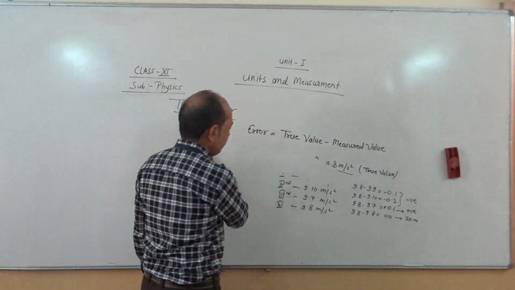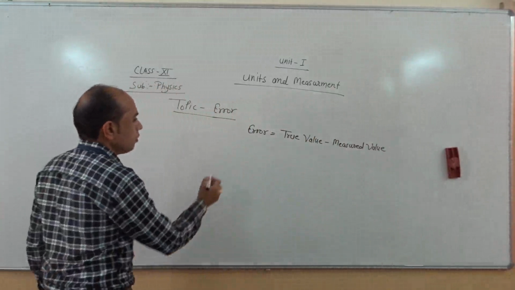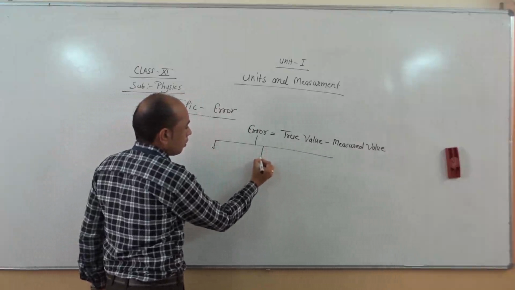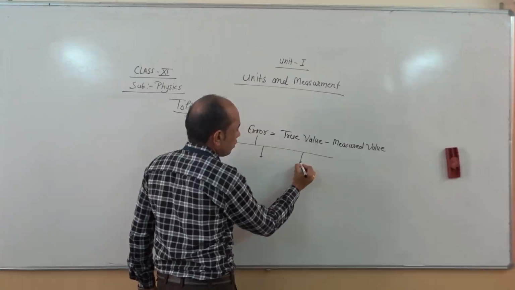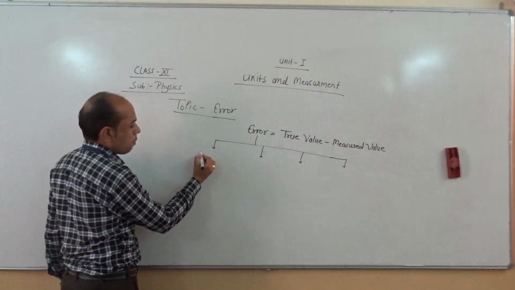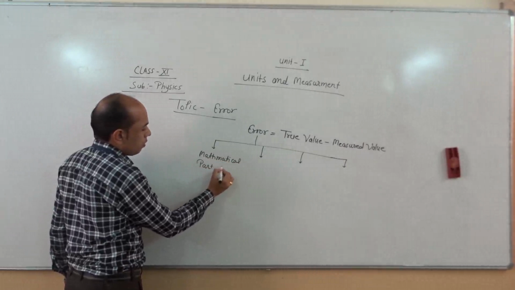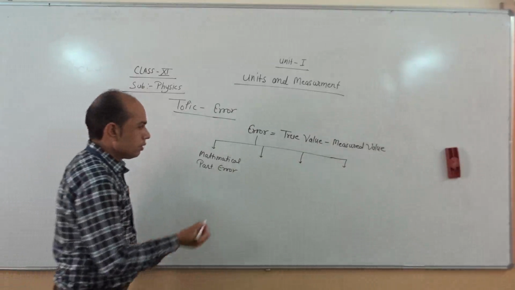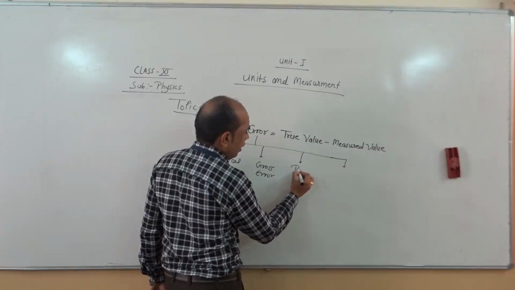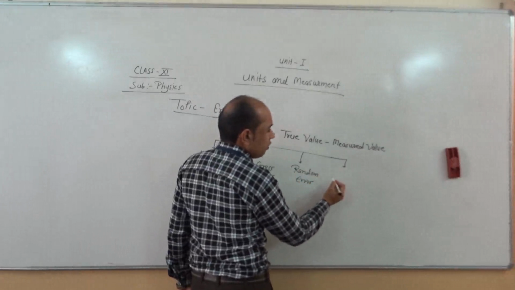How many types of error are there? So errors may be classified broadly: first one is in the mathematics step, second one is gross error, random error, and similarly different types in mathematics.